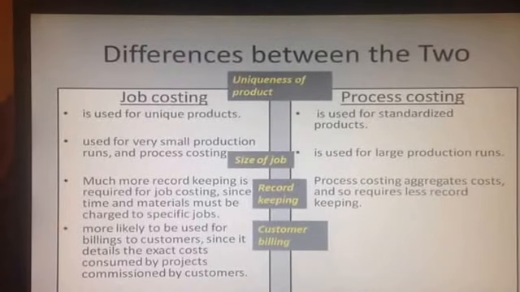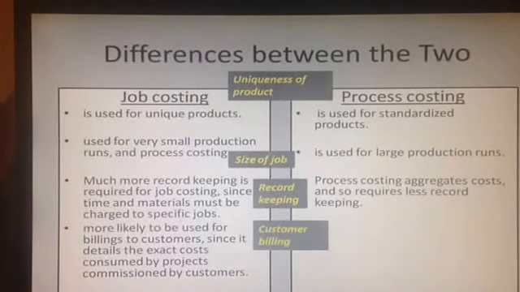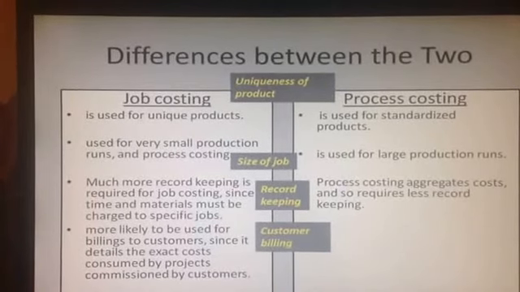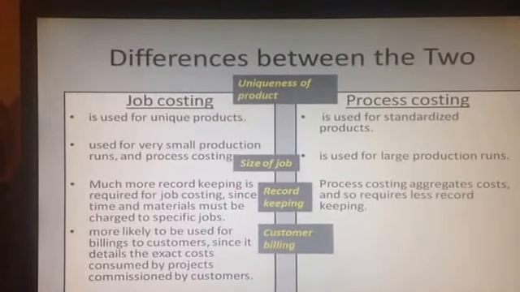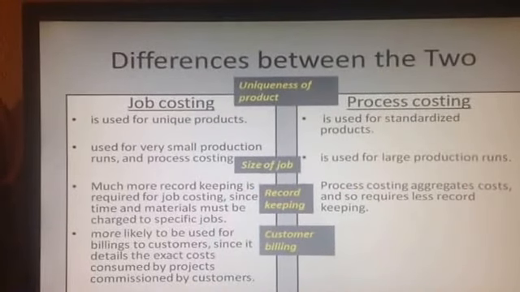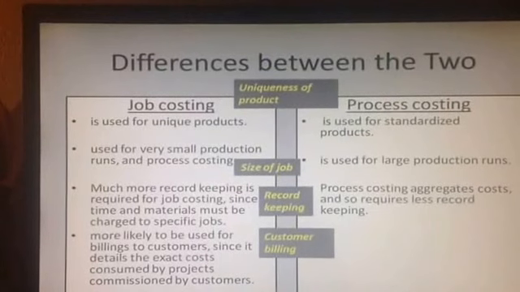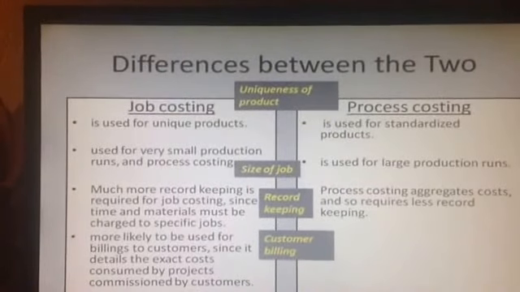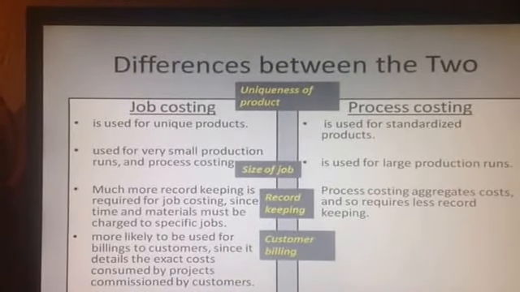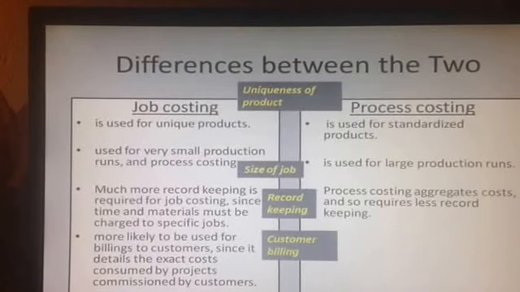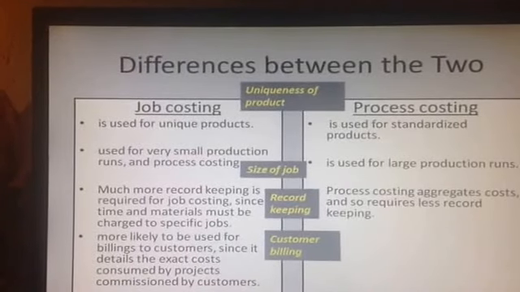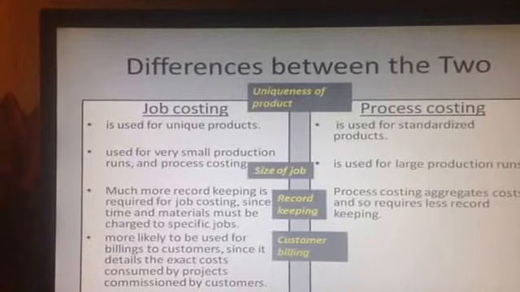Much more record keeping is required for job costing, since time and materials must be charged to specific jobs. Process costing aggregates costs and so requires less record keeping. Next is customer billing. Job costing is more likely to be used for billings to customers since it details the exact cost consumed by products commissioned by customers.